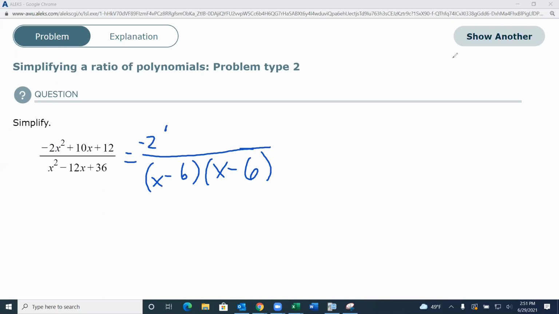I was going to just factor out -1 so that this becomes a positive, but I can factor out a -2. So might as well. If I do that, I'm left with x squared minus 5x minus 6.